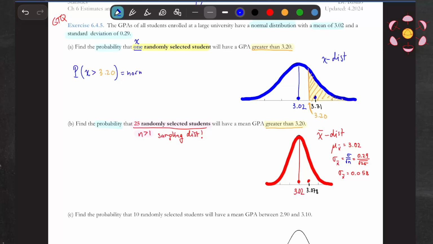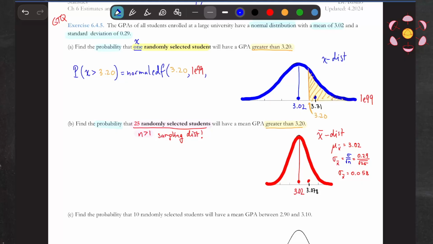Normal CDF is the calculator instruction to compute probability. Give it the lower value, 3.20, comma, upper value. Well, I don't see an upper value, so we have to give it a really large number. 1E99 is our upper value. Now here, what do we use for the mean?